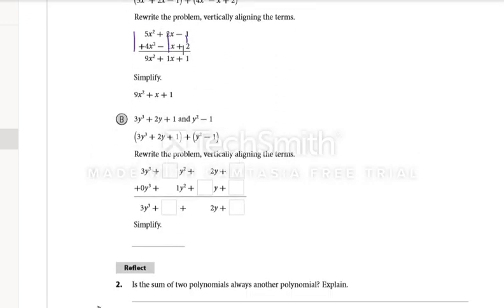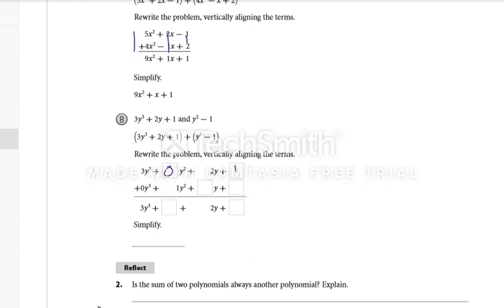Part B, we're going to do this a little differently because they don't have all of the same values of their exponents. So we're going to write them and vertically align them. 3y cubed plus, there aren't any y squareds in the first one, so that's a 0y squared, plus 2y plus 1.